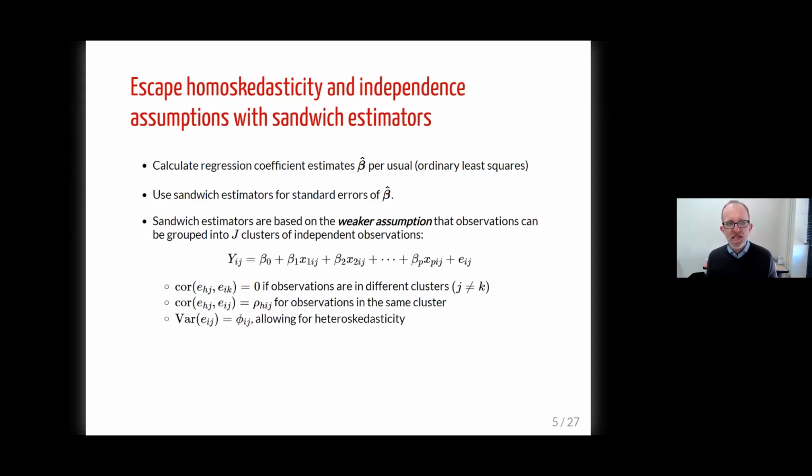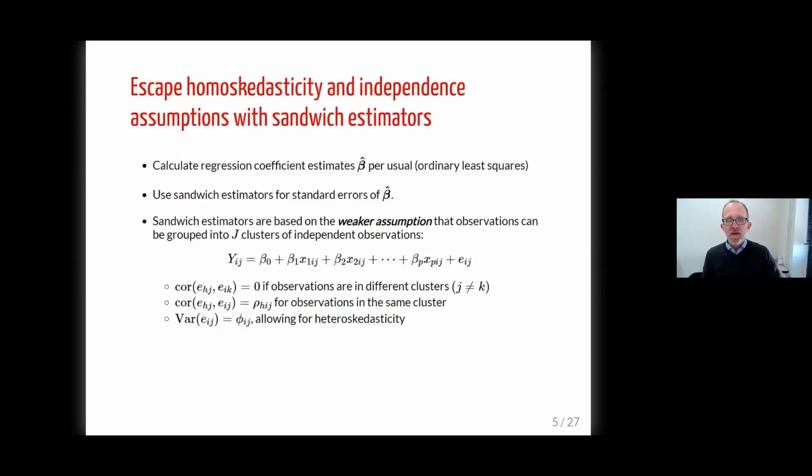The advantage of sandwich estimators is that they work under much weaker assumptions than the classical regression analysis assumptions. In particular, they work on the assumption that you can take the set of observations that you have and group them into distinct clusters.